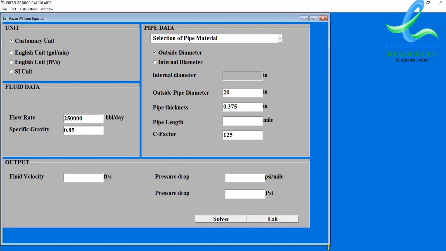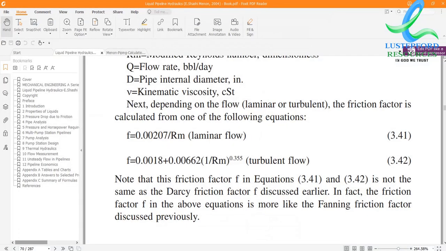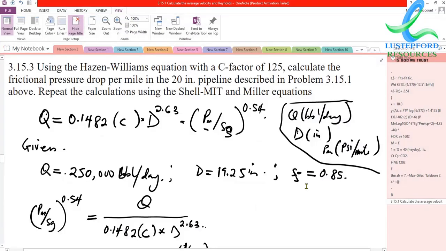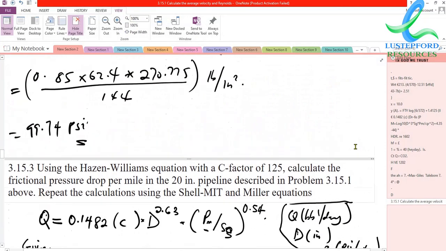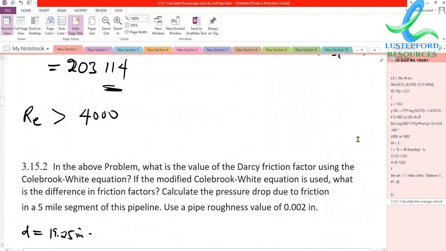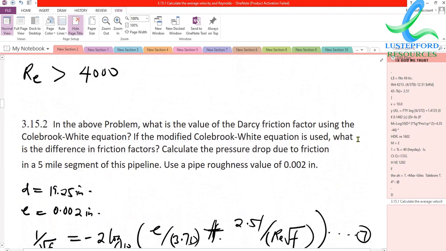Now, from the two questions, they didn't give the length of pipe, so we're looking for per mile.